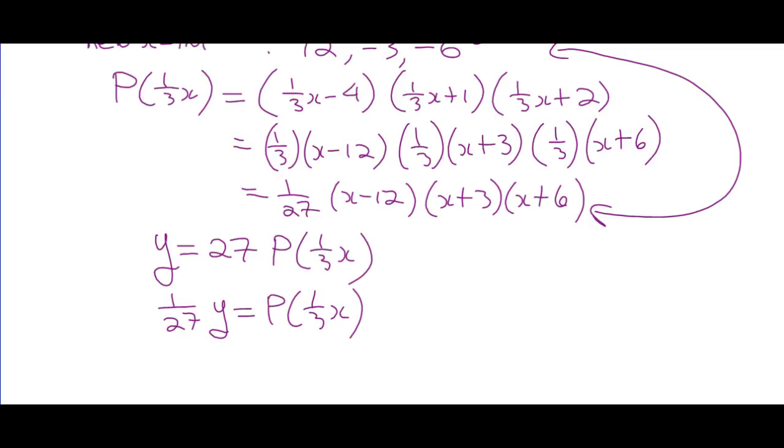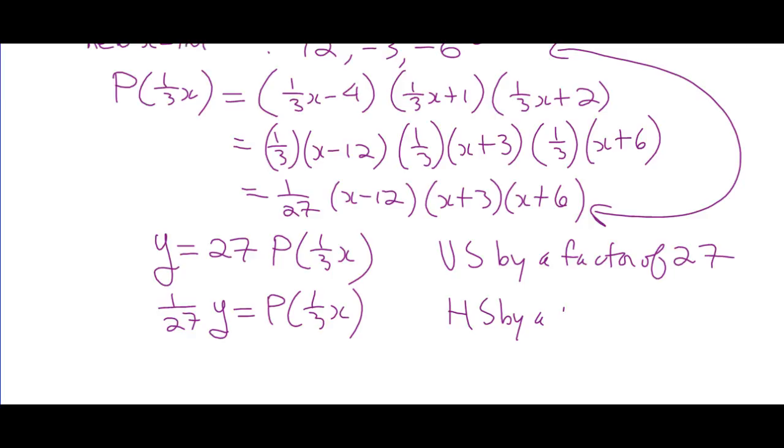Okay, and now from that, we have the transformed form, right? So we can now say, here's what's going on. So there's a vertical stretch by a factor of 27, and there's a horizontal stretch by a factor of 3.